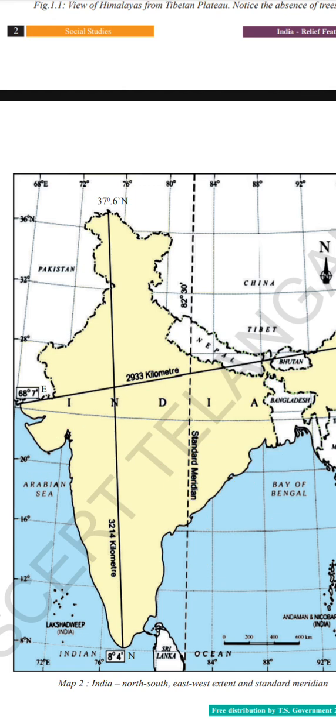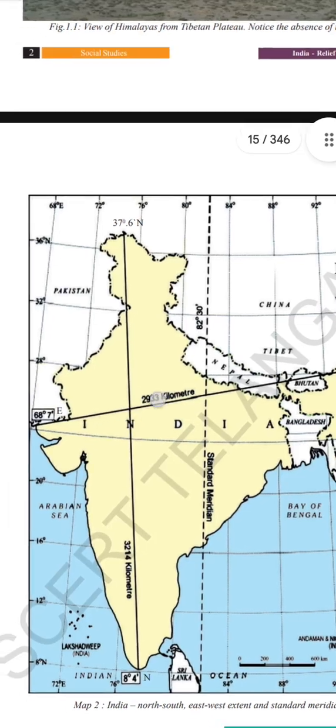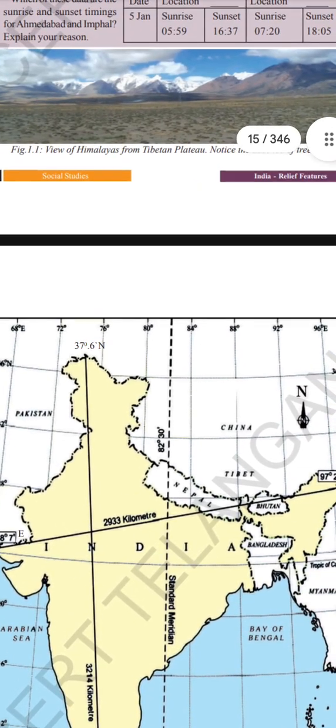One more topic we need to clarify: when the Indian landmass was formed, large basins were created. Basins, in the sense, I'll tell you in an easy way. You may have observed the sink, the sink where we do hand wash.